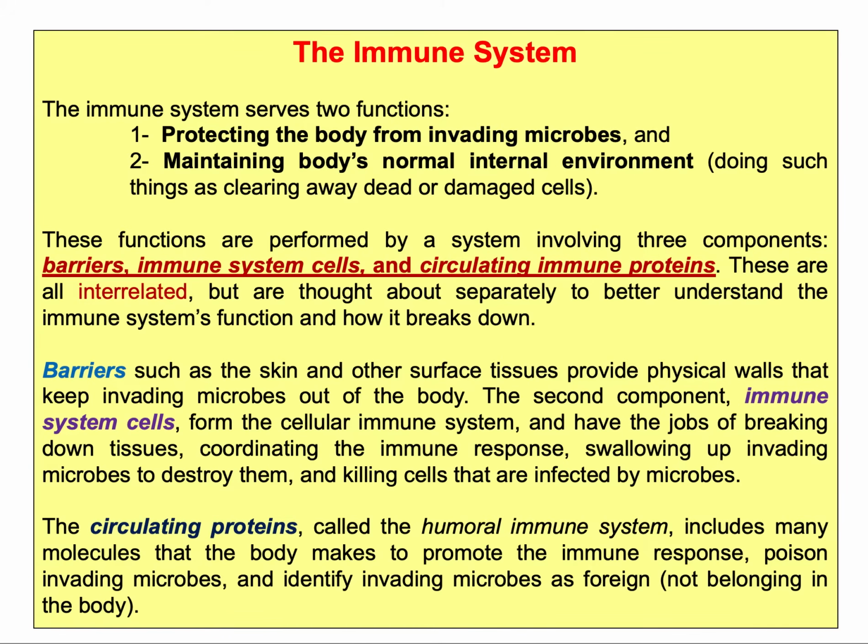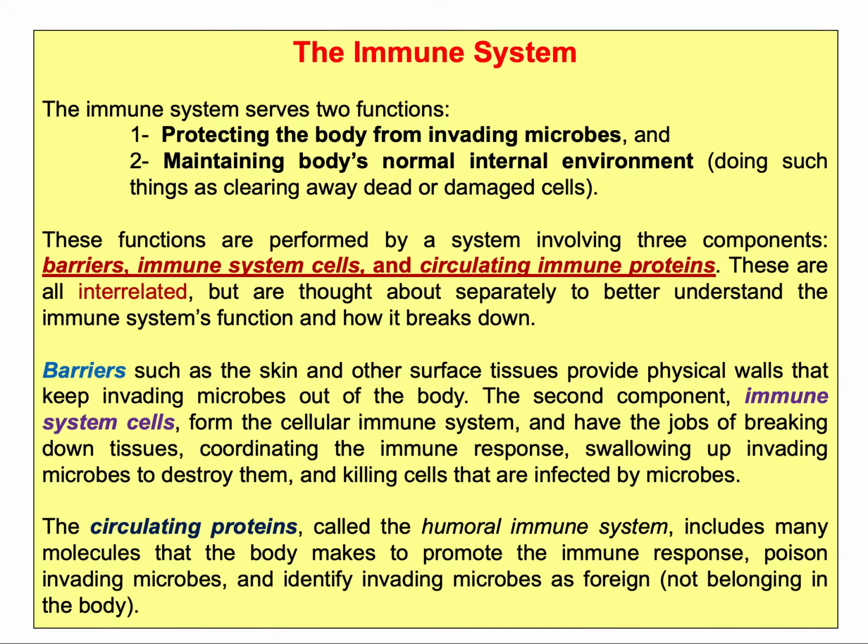So you have T cells, B cells, macrophages, a lot of different cells, and they have the job of breaking down damaged tissue, coordinating the immune response, swallowing up invading microbes like macrophages do to destroy them, and killing cells that are infected by microbes. So this is a very important component when it comes to looking at biomaterials and implantable biomaterials, and we'll talk about this more.